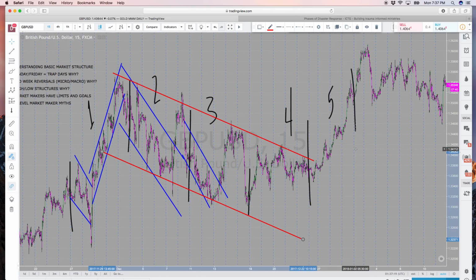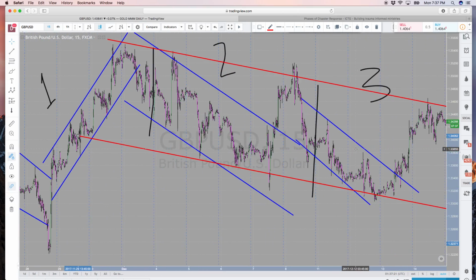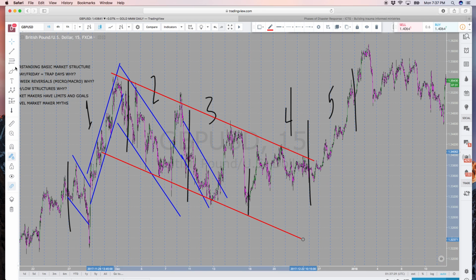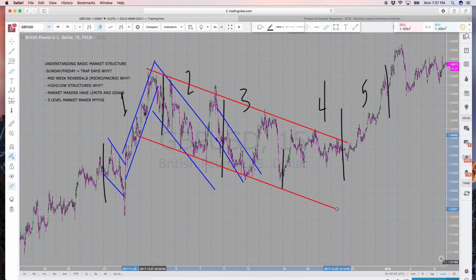Now, let's understand what this structure is. Okay, we have December right here. This was the start of December, the high of December.